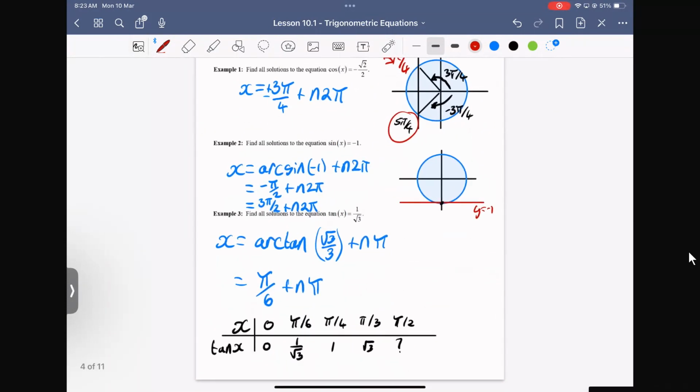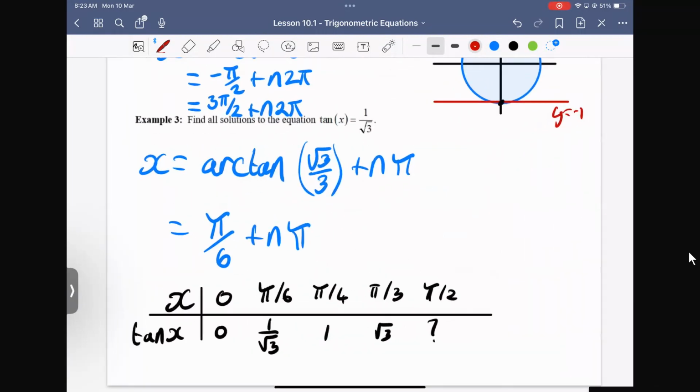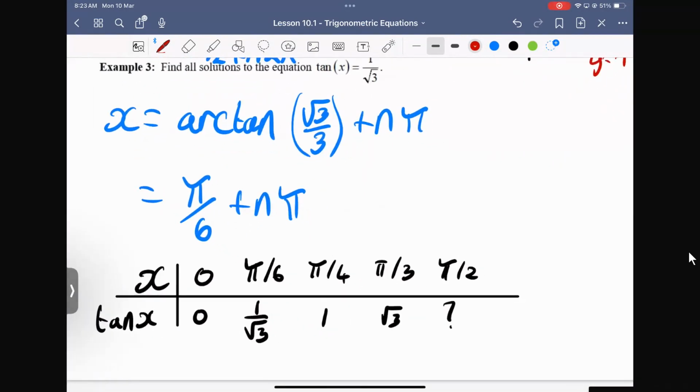I would read the wording carefully. Generally, they're looking for the simplest possible form, and it might be considered not to be the simplest possible form to have minus 5 pi over 4. So always principal value? For the cosine one, sometimes.